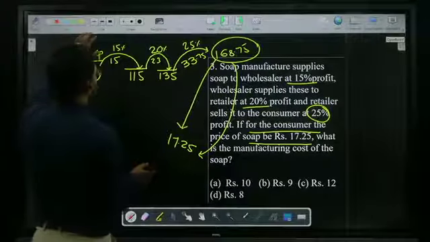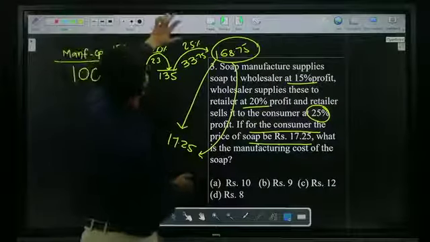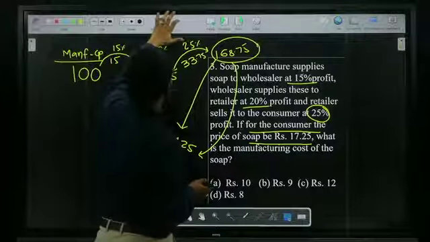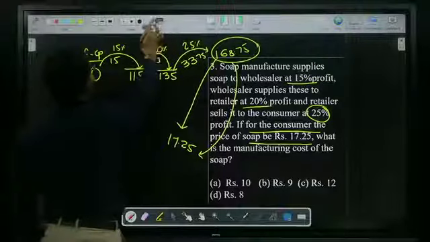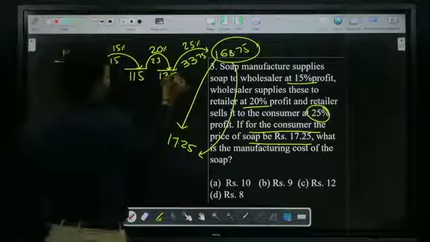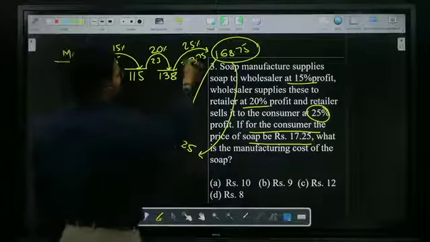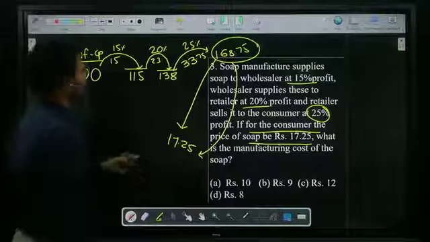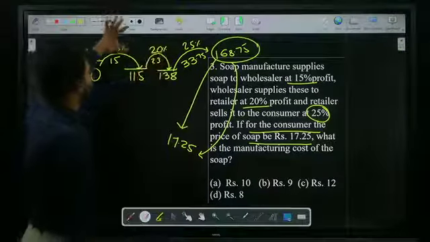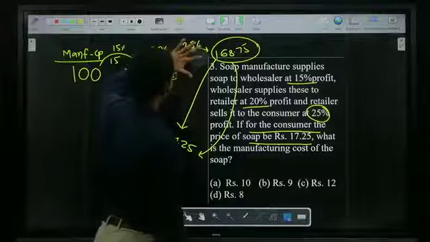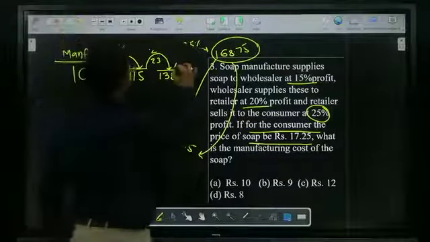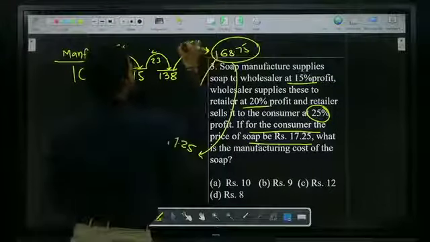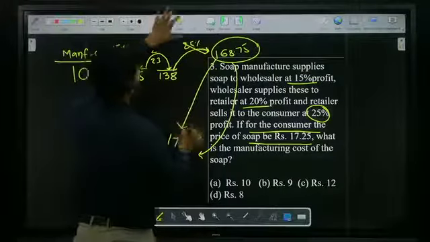Okay, no problem. Look at me. Here a small mistake is there. Sorry, this is 138. If it is 138, half is how much? 25% is nothing but half of half.